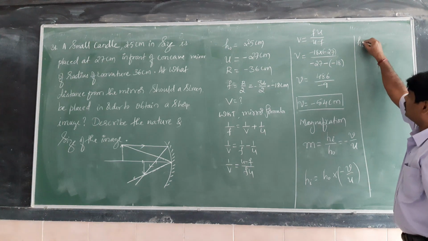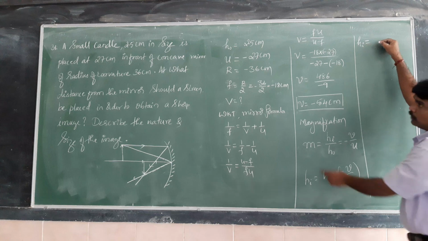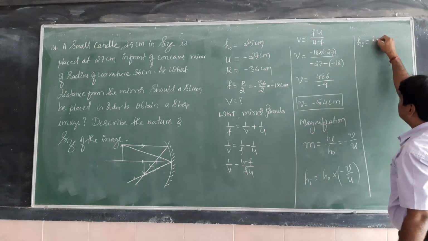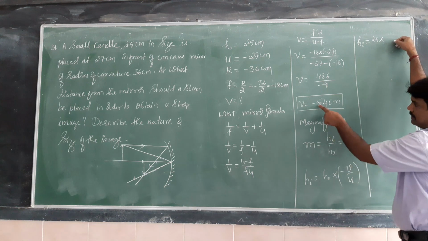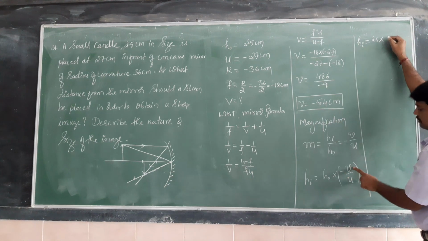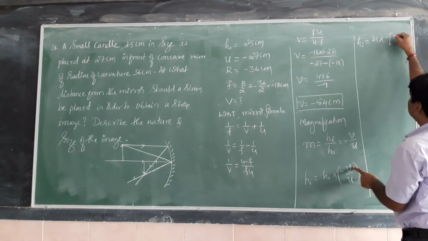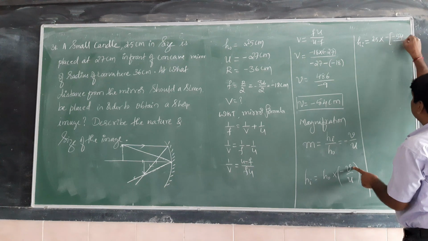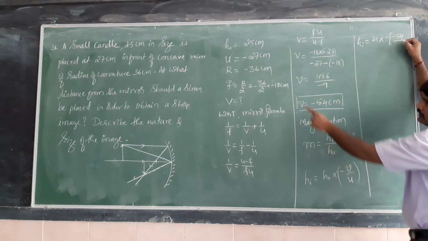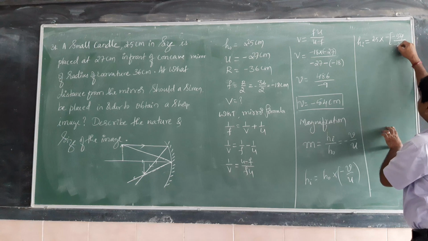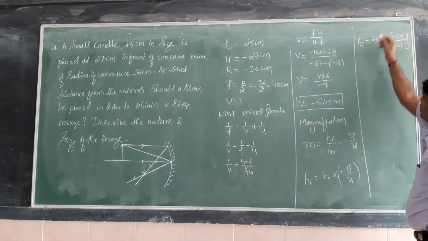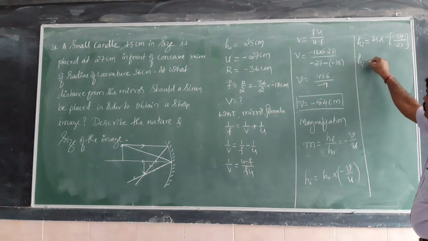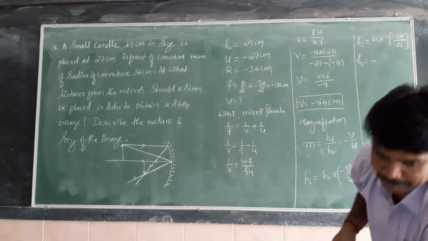Then the height of the image is equal to 2.5 centimeter into minus of the image distance, which is minus 54 centimeter, divided by the object distance, minus 27 centimeter. So the minus cancels, and this minus remains as it is. That becomes Hi equal to minus only.